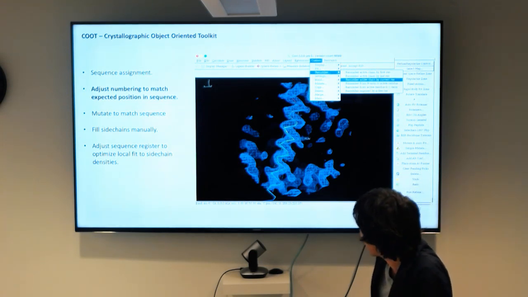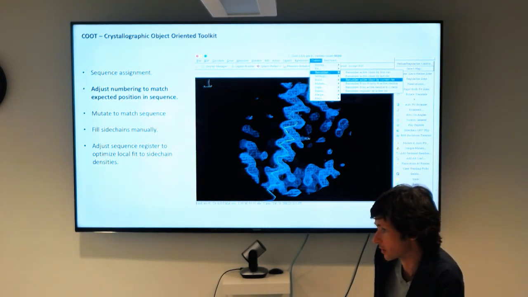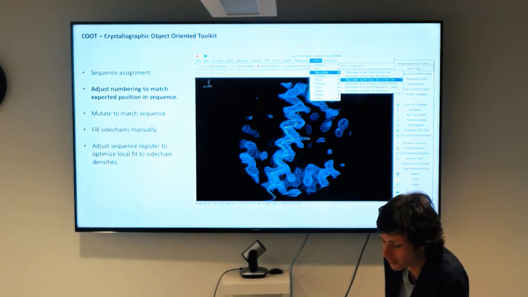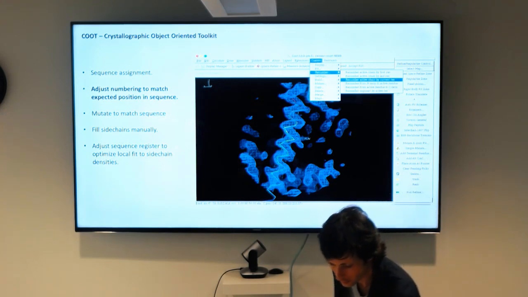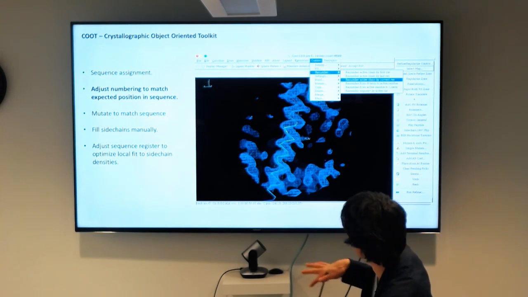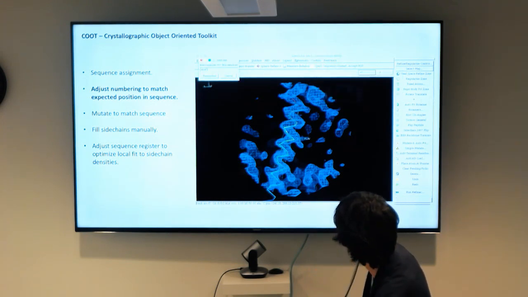To do this, my approach is I'll usually just renumber it based on the sequence and then mutate it based on that numbering. So I have some tools that just make it a little easier to renumber in COOT. You can just center on a residue and renumber based on what you want that residue to be, as opposed to calculating an offset of some sort.